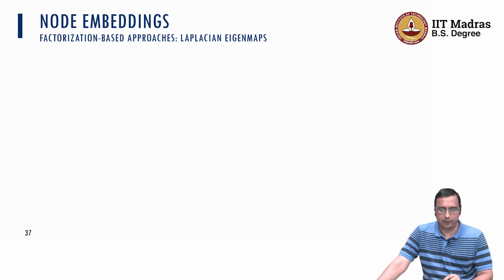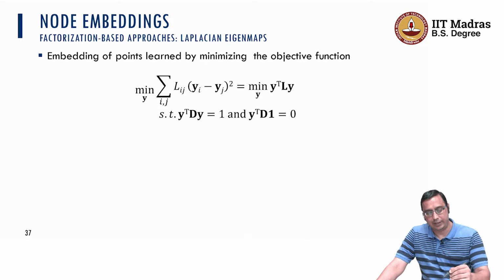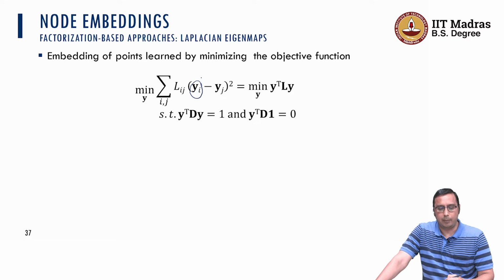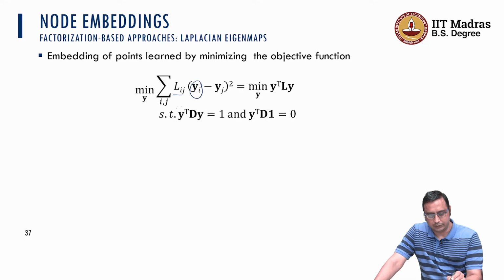Once I have the Laplacian matrix, I am going to learn an embedding. How can I learn the embedding? By minimizing an objective function, where y represents the embedding for points i and j, with a weighting of Lij, which is minimized subject to two constraints: y transpose Dy is equal to 1, and y transpose D times 1 is equal to 0.